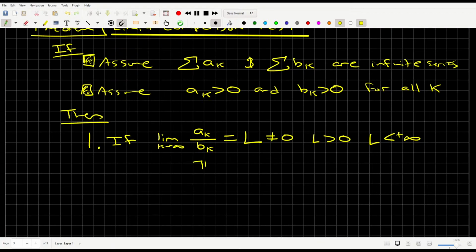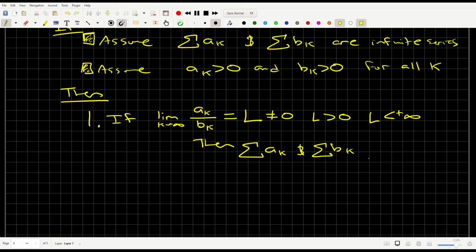then the series of a_k and the series of b_k either both converge or they both diverge.